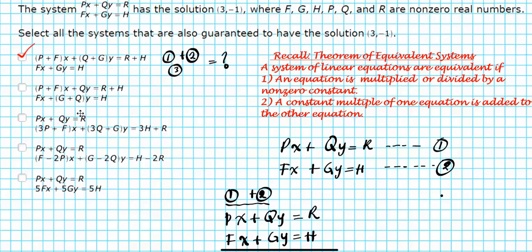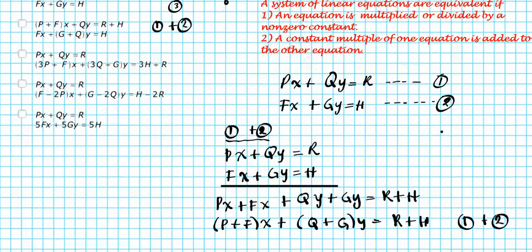Now let's shift gears and take a look at 2. We have P plus F here. Wait a minute, this kind of sort of looks like 1 plus 2, right? And then this one over here looks strange. So let's look at the first one, 1 plus 2. We already figured out what equation 1 plus 2 is.